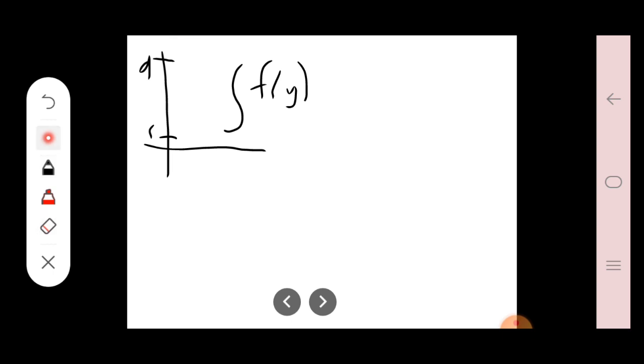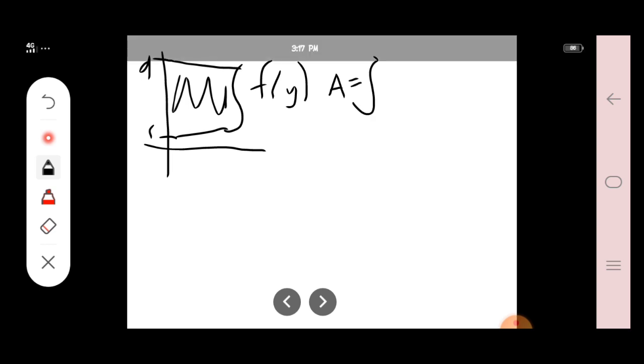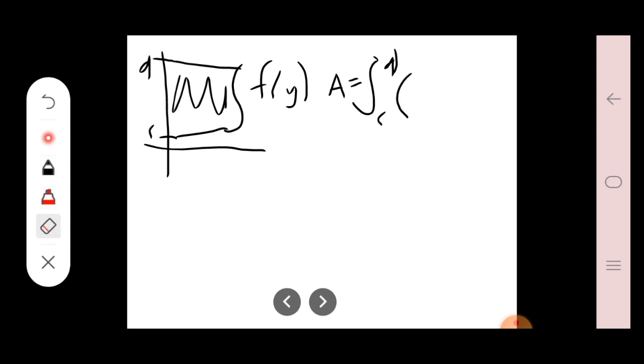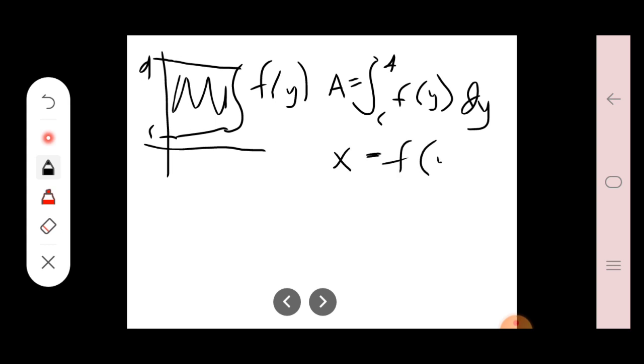Let's assume that this is the y-axis and this is the x-axis. Then the area of that region is going to be the integral from C to D of f of y dy. So that function is basically x equals f of y.